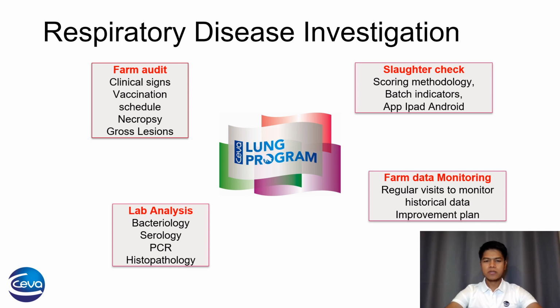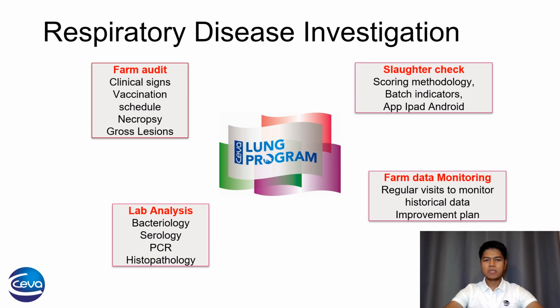During the farm monitoring, key performance indicators include farrowing rate, litter size, pigs sold per year, mortalities, and other parameters should be monitored by visiting the farm and thoroughly recorded on a regular basis.